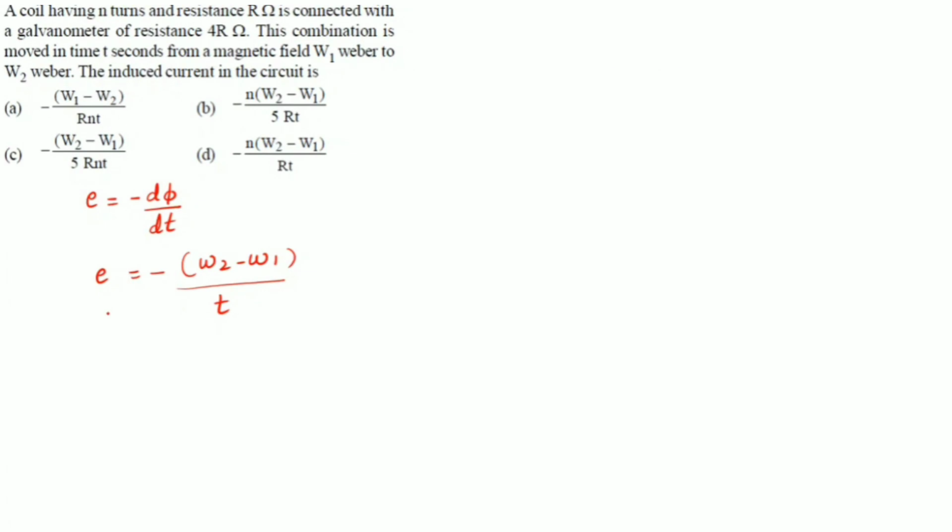And the second point is about resistance. The coil resistance is R ohm and galvanometer resistance is 4R ohm. So the total resistance R equal to resistance of the coil R plus resistance of the galvanometer 4R, that gives 5R.